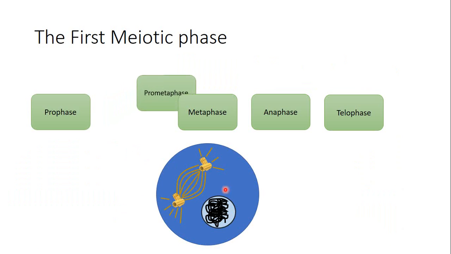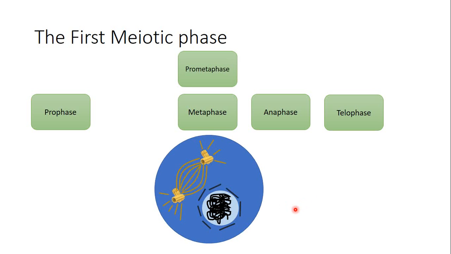First of all, in order to get the DNA material free, because the DNA material is still inside the nucleus, the nuclear envelope needs to degenerate.